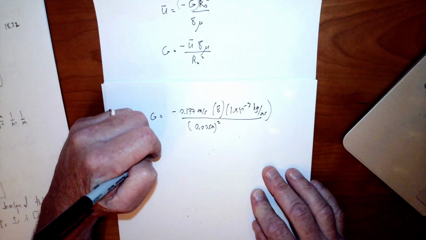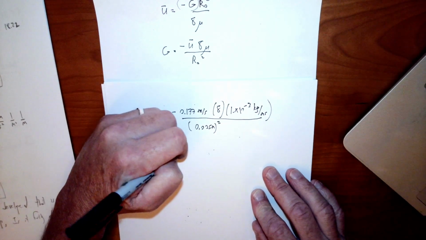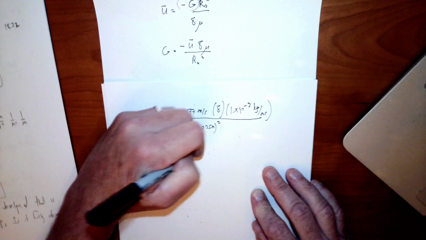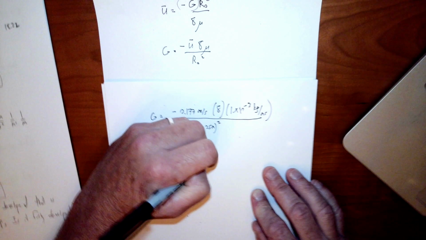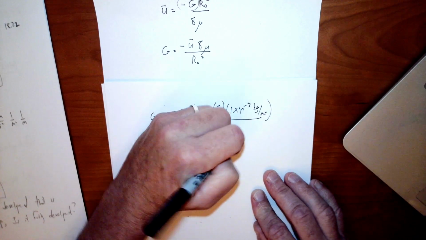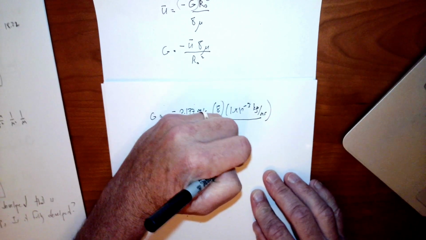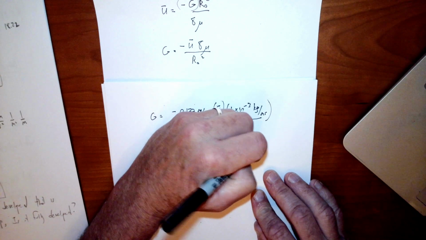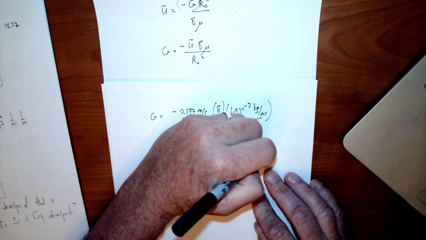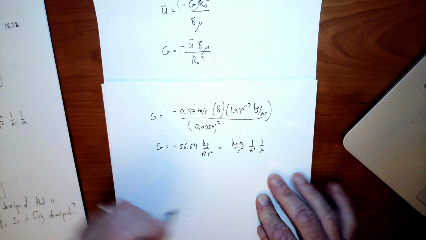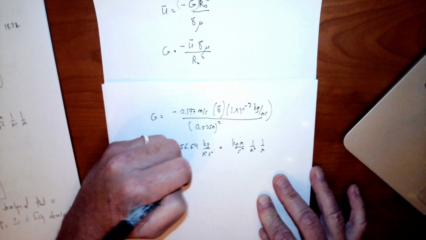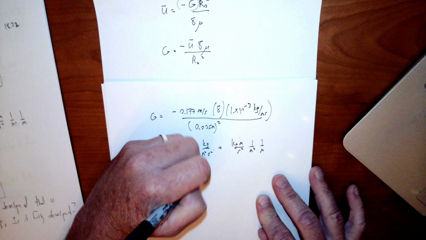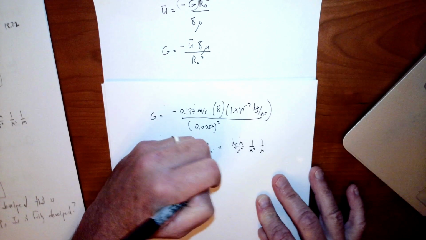When I crunch that in my calculator, I get negative 56.64 kilograms per meter squared second squared. That's kilograms meters per second squared, which is a Newton, times 1 over meters squared, so that's pascals per meter. So the pressure gradient is minus 56.64 pascals per meter.